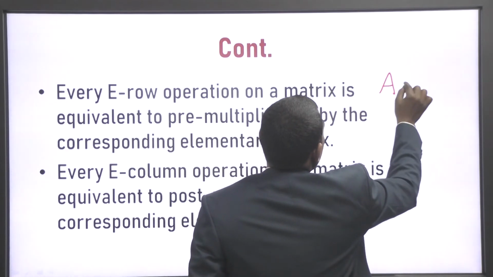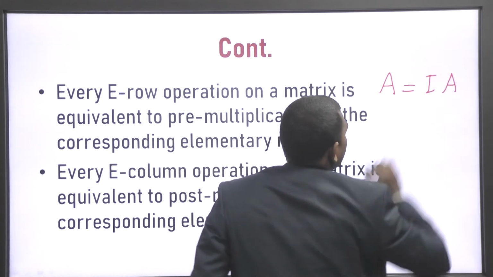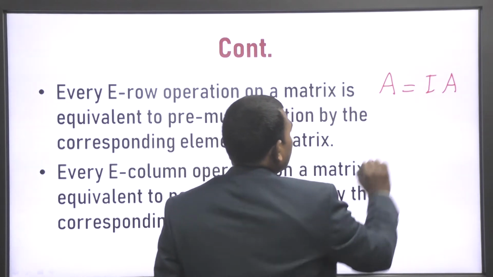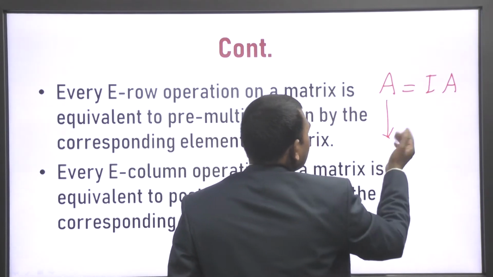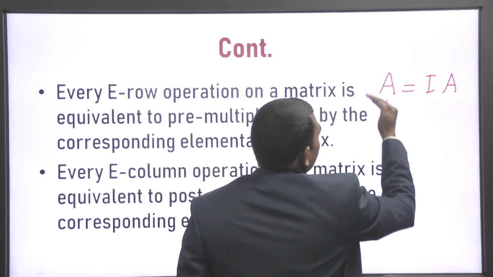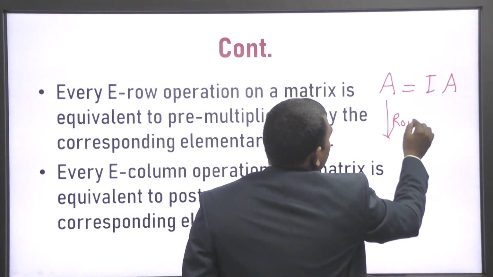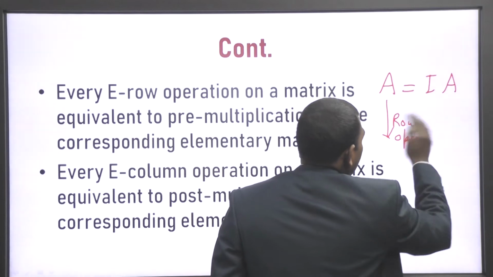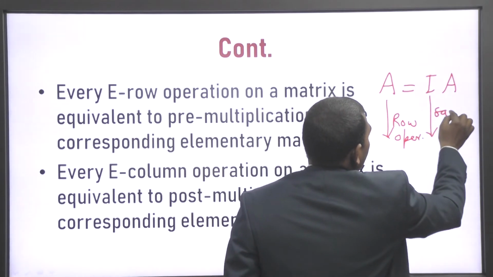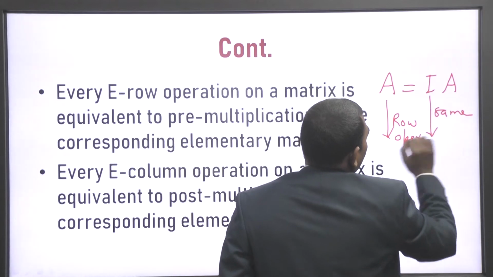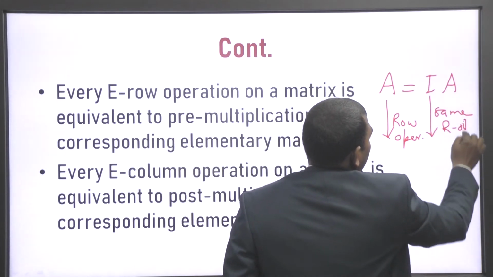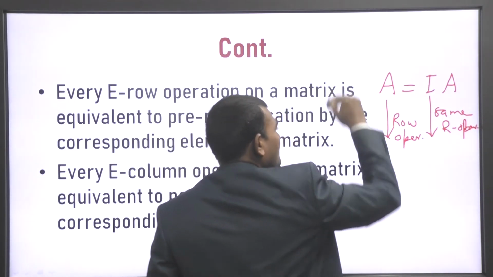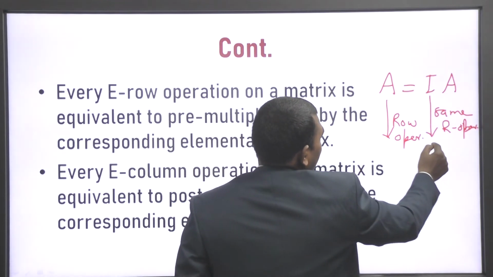Suppose that A is equal to IA. Then if we apply any row operation on this A, which is the previous result actually, the same row operations will be applied simultaneously on the prefactor I. This is the first result and it is correct, and it will be an equivalent matrix.